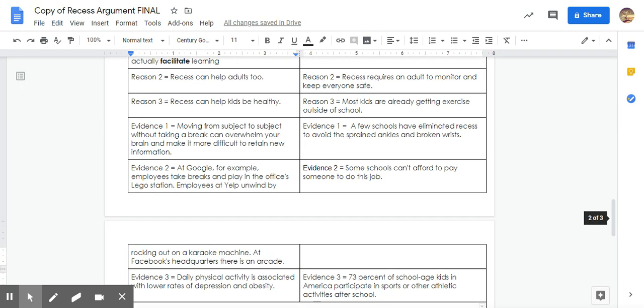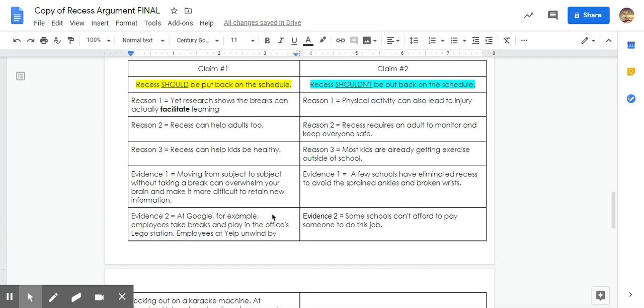So on this, when you're deciding, there really isn't a right or a wrong. It's whatever you think, and whatever you can explain and back up.